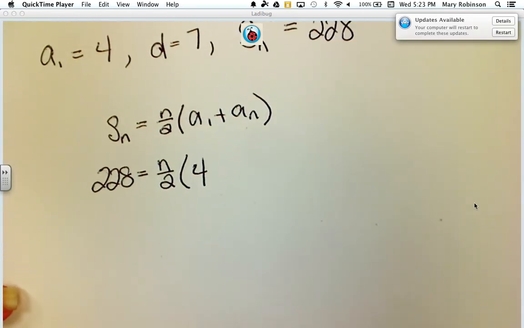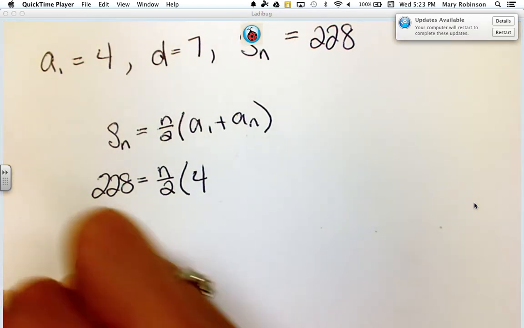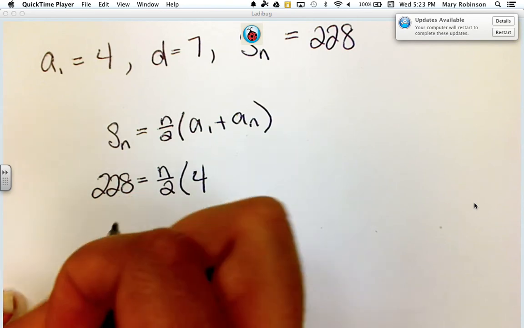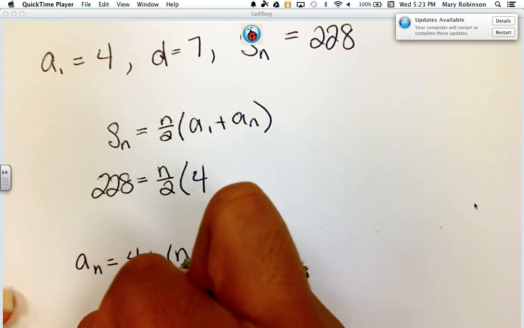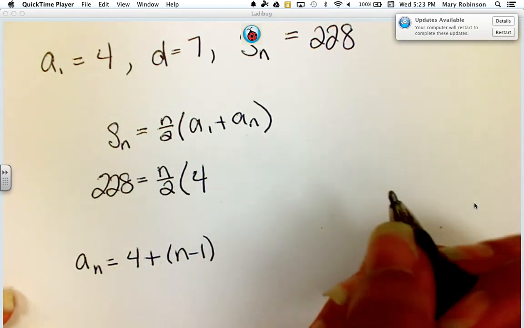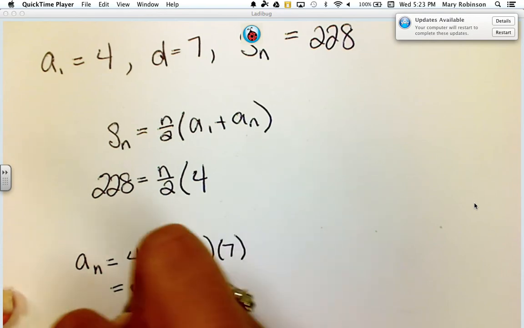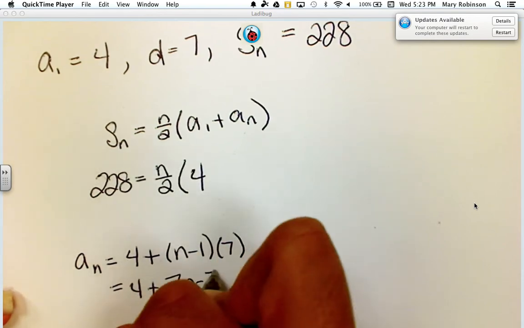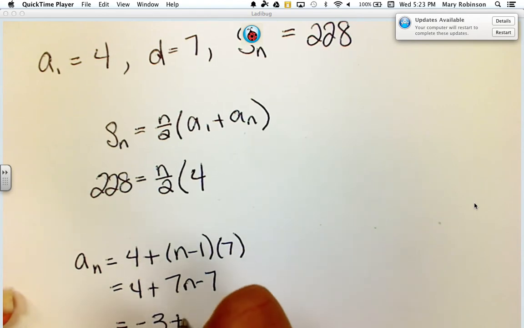Since we're given the first term is 4, a sub n is going to equal 4 plus the quantity n minus 1, times the common difference of 7. So a sub n equals 4 plus 7n minus 7. 4 minus 7 is -3 plus 7n.